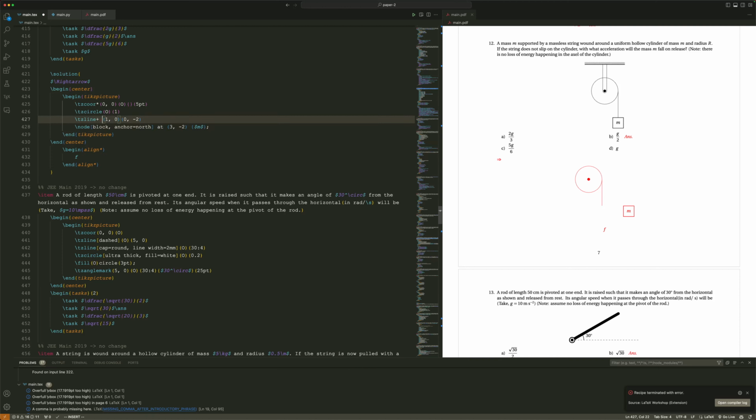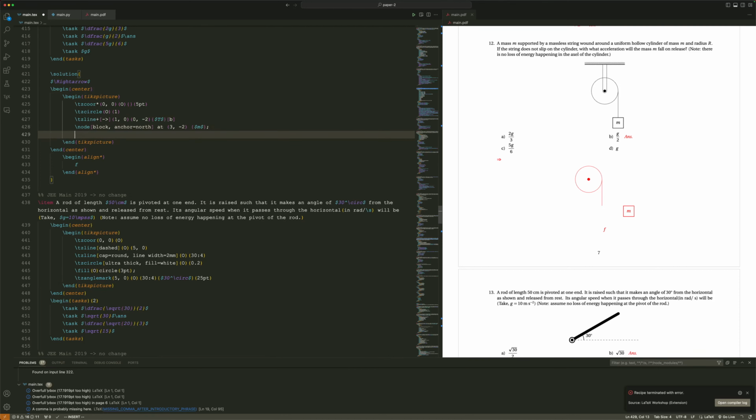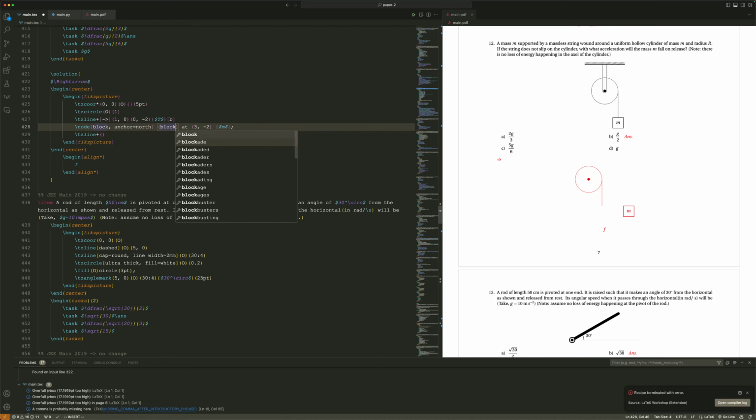Let's put a stealth arrow or something and call it tension, which is below, and from the block we can again draw a line, which is, let's name it first. Let's call it block. So yes.